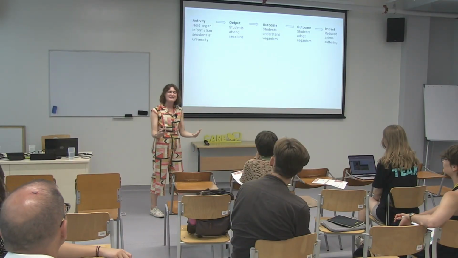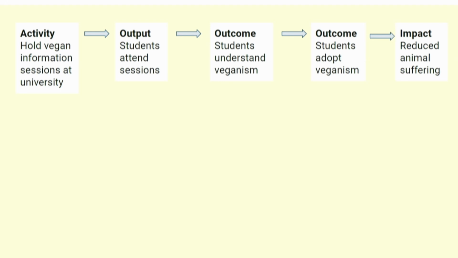Okay, but did we tell them in a good way? Did we make it accessible? Did we make it culturally appropriate? Then we say, oh, they'll understand and they'll just become vegan. Okay, but there might be lots of other reasons that could impede their veganism. Maybe their family doesn't agree, or the university doesn't offer those options, or they don't have enough money to buy vegan food. So we're making lots of assumptions here, and those assumptions can be great places to get evaluation questions.